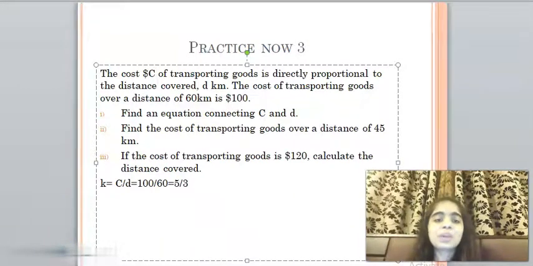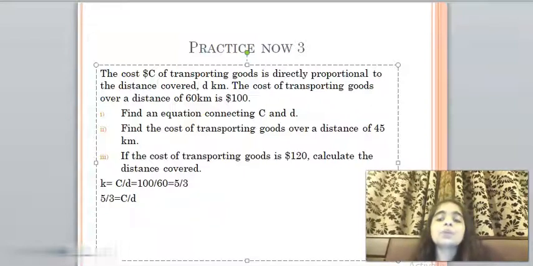Alright, so the equation in terms of C and D is K equals C over D. So our K value is 5 upon 3. So it's very evident that our equation will be 5 upon 3 equals C upon D. Now if you remember, we used to write our equation as y equals kx. So we need to keep this C alone.